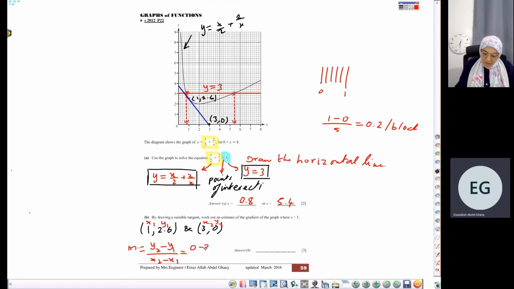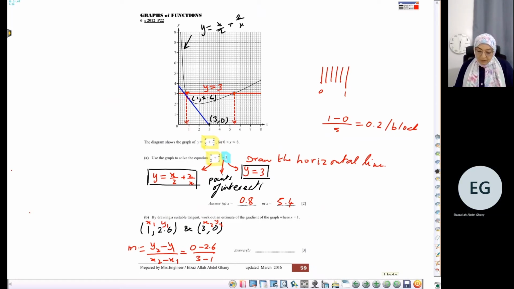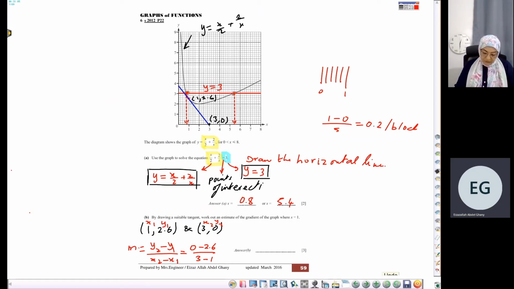We have to expect that the gradient will be negative, because the blue line is sliding down when you come from left to right, right? So it is a negative gradient. Now y2 minus y1, it will be negative 1.3.